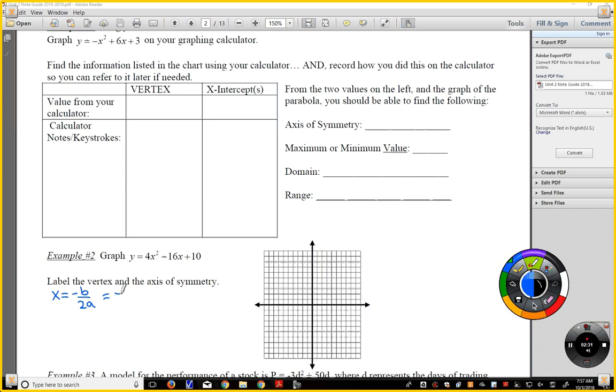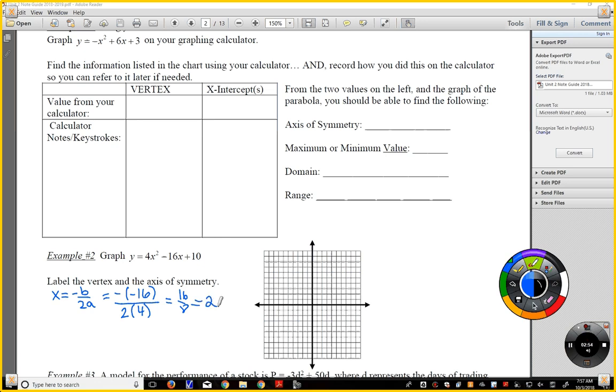I think we're going really fast sometimes, and we're not paying such close attention. So this is the negative from the formula, and then the b value is actually negative 16 from the equation. And I want to divide that by 2 times a, which is 2 times positive 4. So this will be positive 16 over positive 8, which turns out to be 2. Okay?